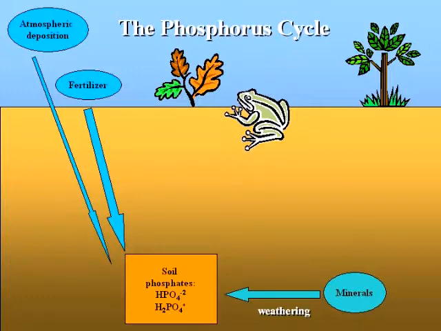In fact, one of the reasons why I raise chickens is because of the phosphorus from their manure that I can then apply to my vegetables. So I can have an organic source of fertilizer rather than a mineral source. So those are the inputs.